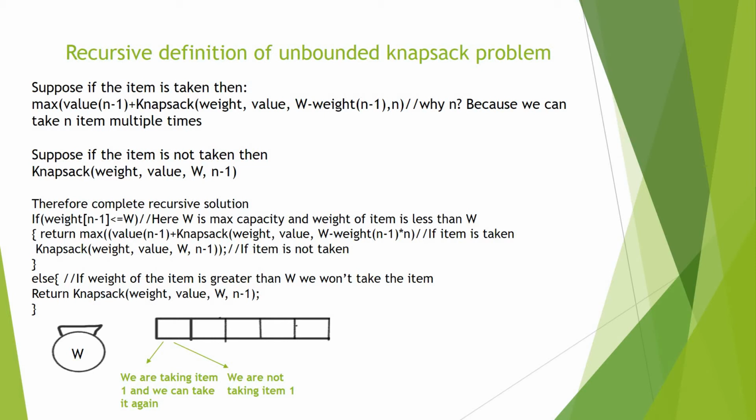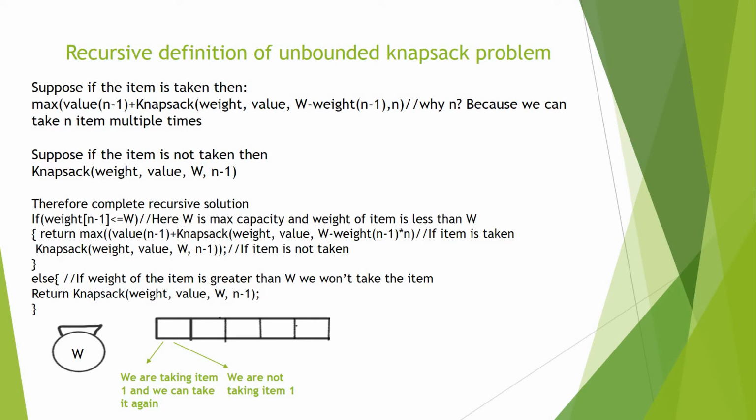Therefore, the complete recursive solution is given here. If the weight of the element is less than the maximum capacity, return the maximum of the value of that element plus knapsack(weight, value, maximum weight minus weight of that element, n) if the item is taken.